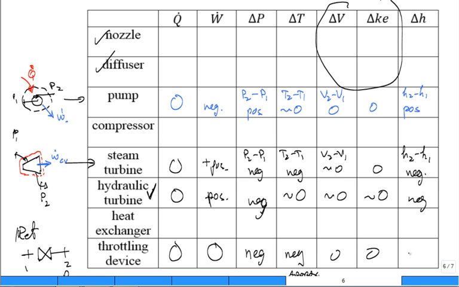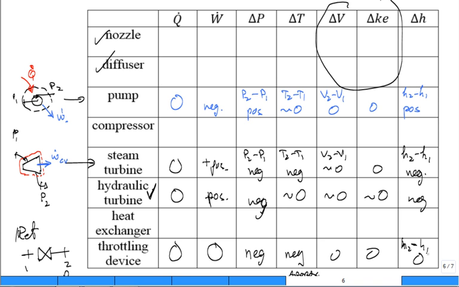How about the change in enthalpy for a throttling device? How's H2 minus H1? How's it compare? It's what? Throttling devices are isenthalpic. 0. This is a conceptual thing.